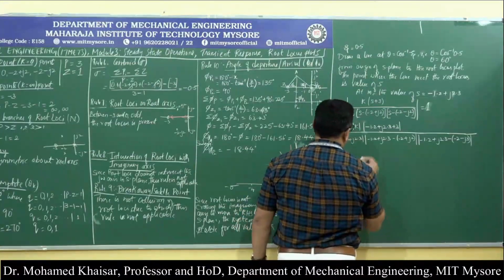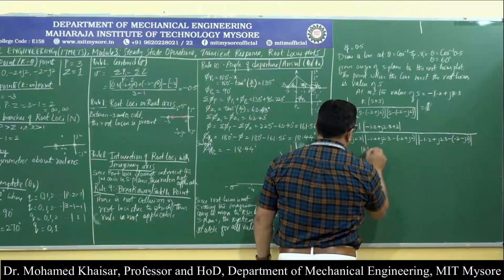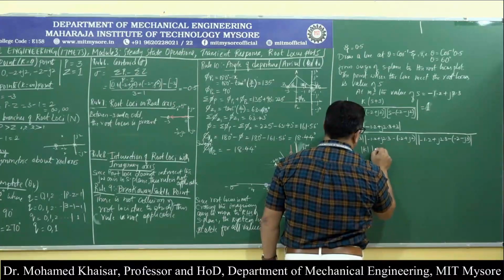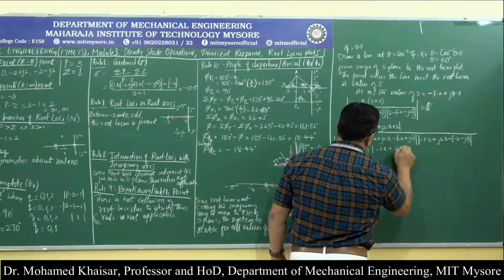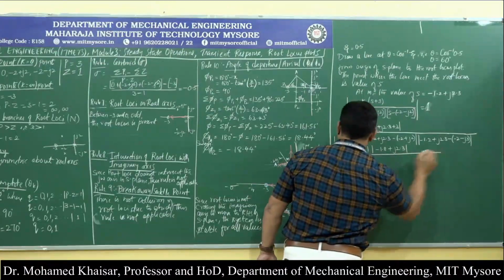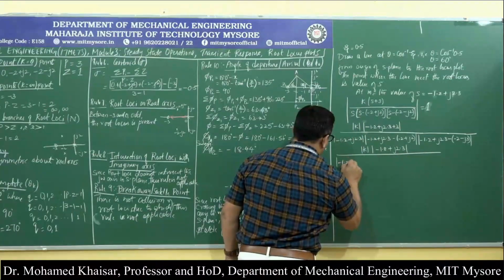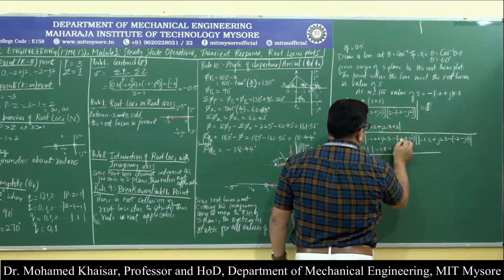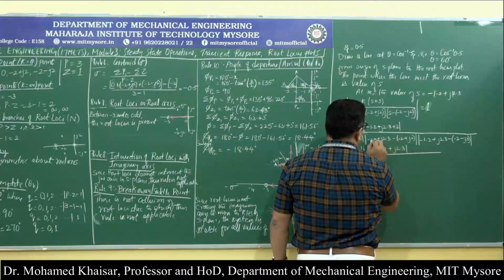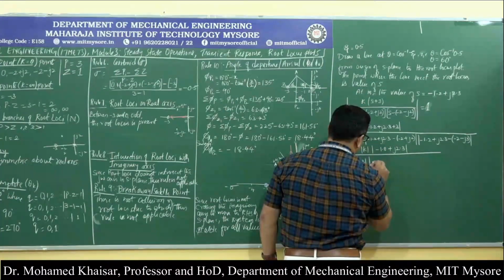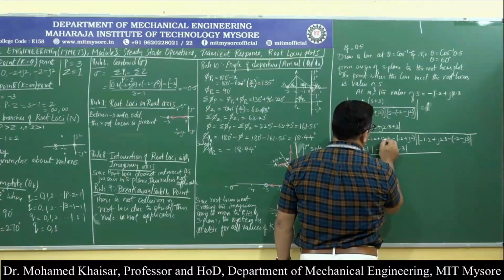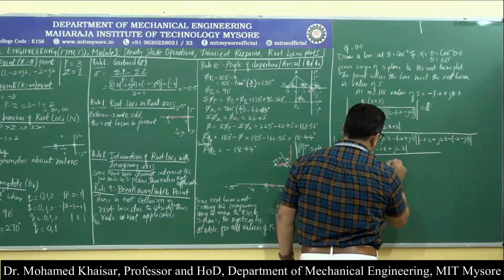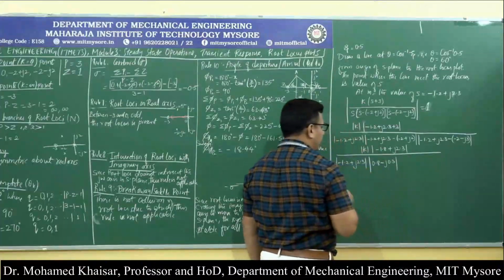Then this will give us modulus of K times 3 minus 1.2, that is 1.8, plus j2.3, divided by minus 1.2 plus j2.3, then minus into minus plus 2 minus 1.2 will be 0.8, then plus j2.3 minus j2 it will be 0.3, so j into 0.3 is what we get over here.